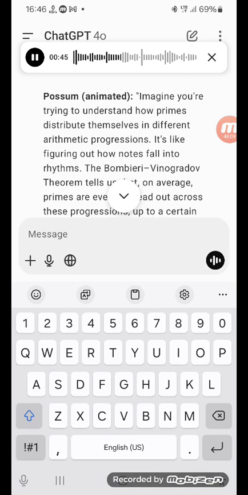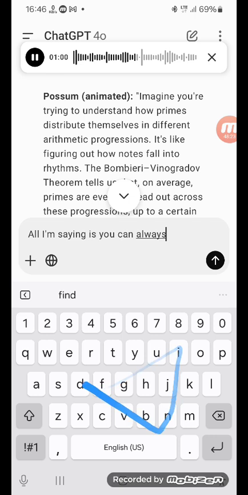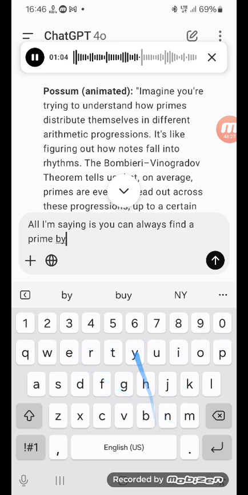So it's about finding harmony in the chaos of primes? Exactly! Bombieri showed that even without assuming the Riemann hypothesis, there's this beautiful regularity in how primes distribute themselves. It's like uncovering a secret rhythm in the number line. And this was a big deal? Possum! Huge.